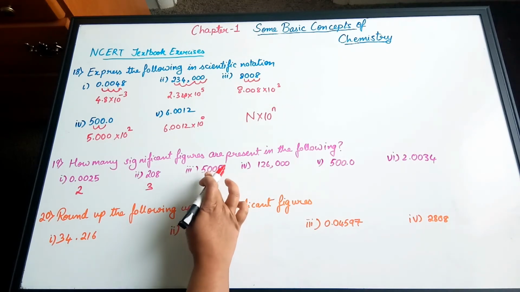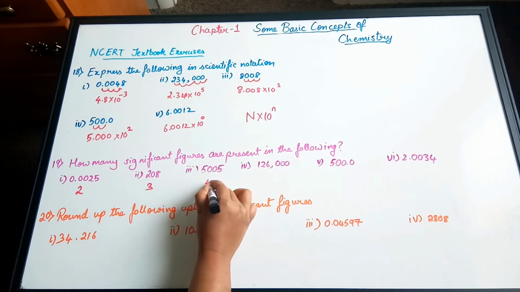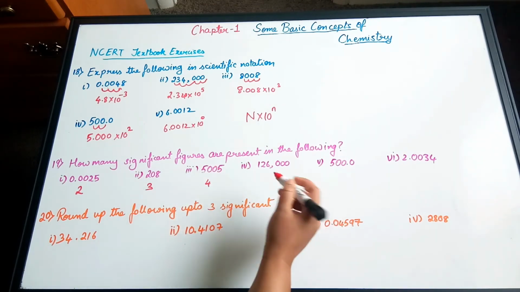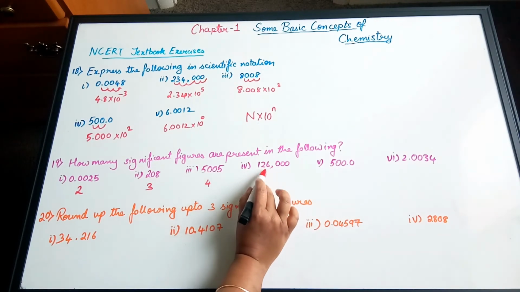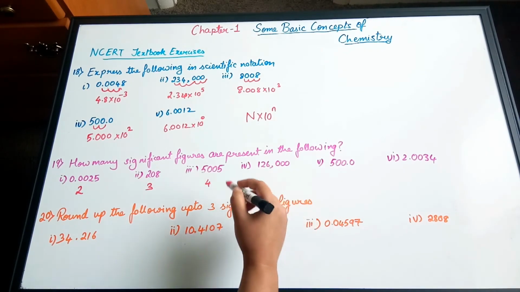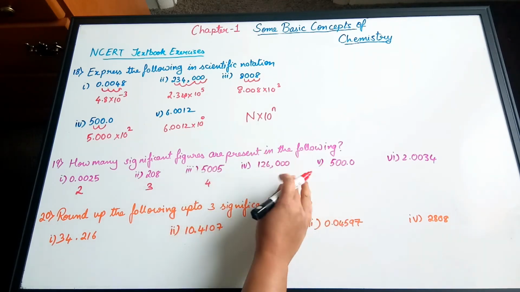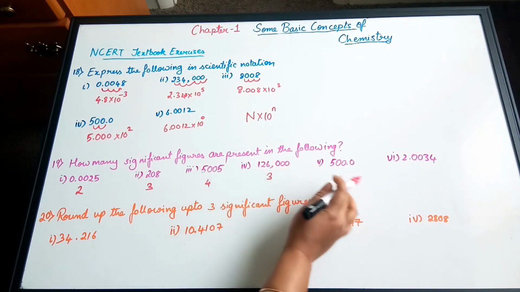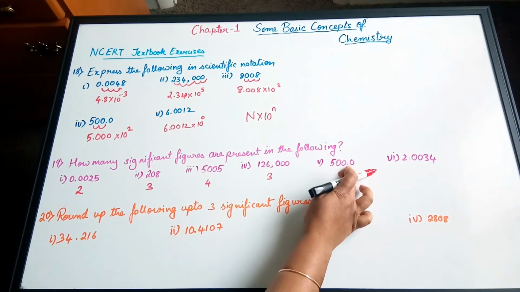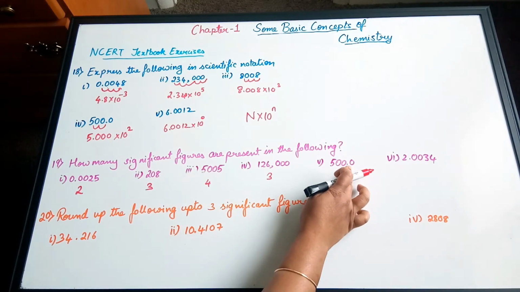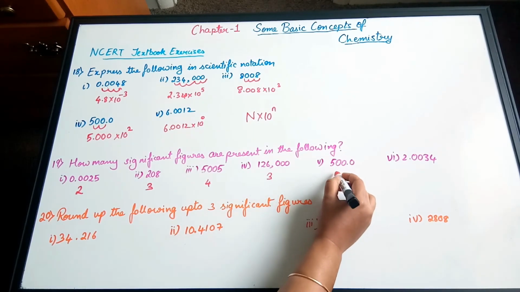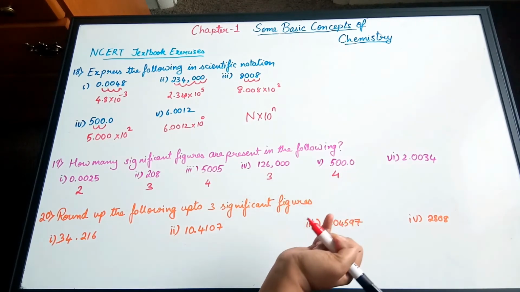You have 1, 2, 3, 4, so 4 significant figures. Now here you have 1, 2, 3, but the zeros on the right are significant only if they are after the decimal point. This means these zeros are not significant, but this 0 over here is significant, which means the number of significant figures over here is 4.